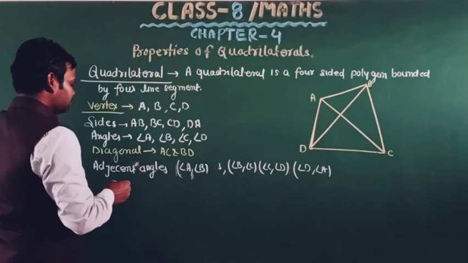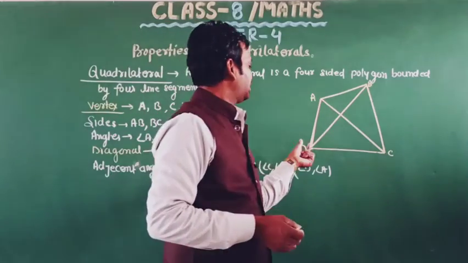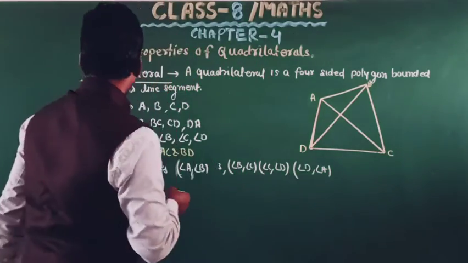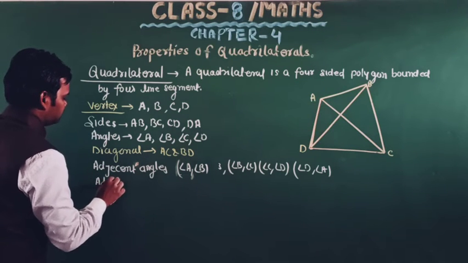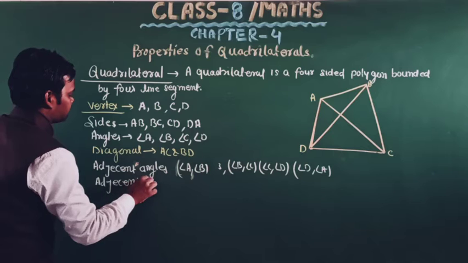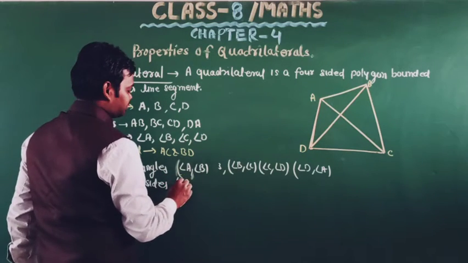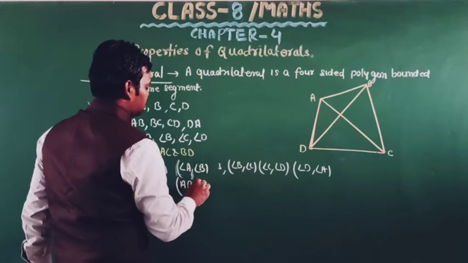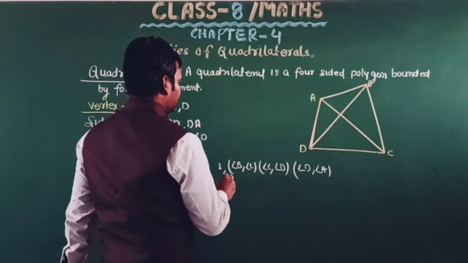And similarly, we have adjacent sides. Side AB is adjacent to side BC, meaning sides AB and BC are adjacent sides.